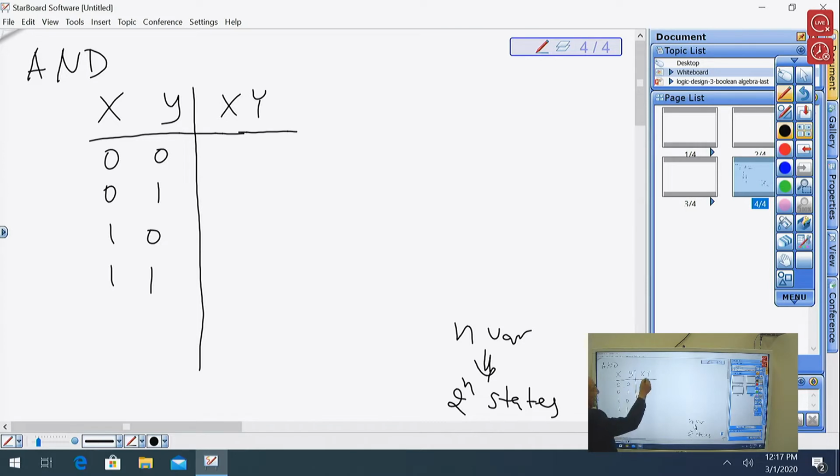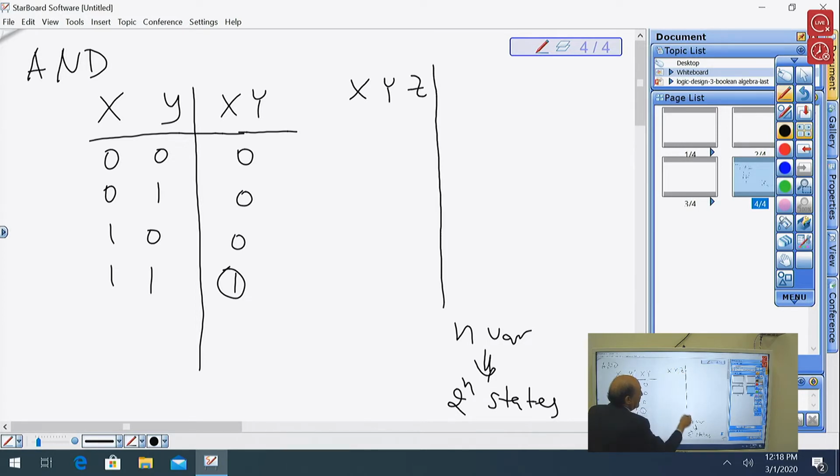By definition, x and y is 0 for 0, 0; 0, 1; 1, 0; and only 1 for 1, 1. So x and y is equal to 1 only if both the inputs are 1. In the same manner, if we have 3 variables, x, y, z, you list all the states.